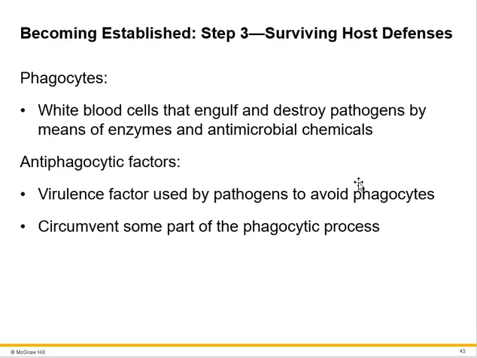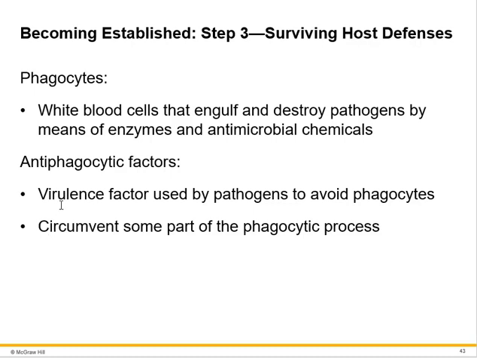Phagocytes are white blood cells that engulf and destroy pathogens by means of enzymes and antimicrobial chemicals. They basically eat them up, chew them up, and spit them out. We've talked about this in chapter 14, so you should be somewhat familiar with the phagocytes at this point. Anti-phagocytic characteristics are virulence factors that are used by pathogens to avoid phagocytes.